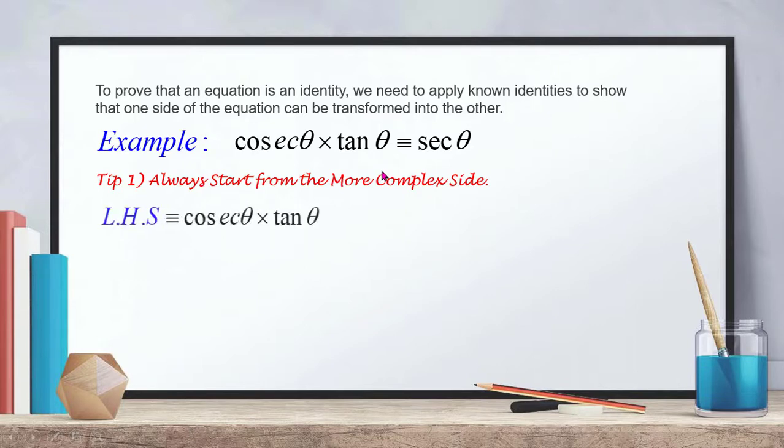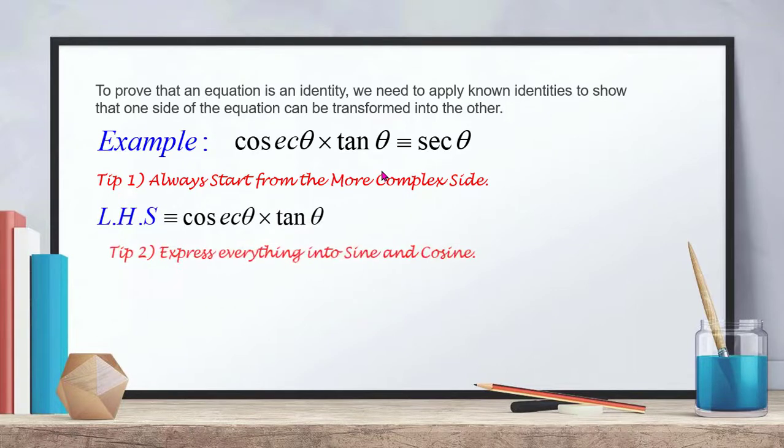So our left hand side is the complex side, and what we're going to do next is express everything in terms of sines and cosines. So we're going to say what is cosec theta in terms of sines or cosines, and what is tan theta in terms of sines and cosines.